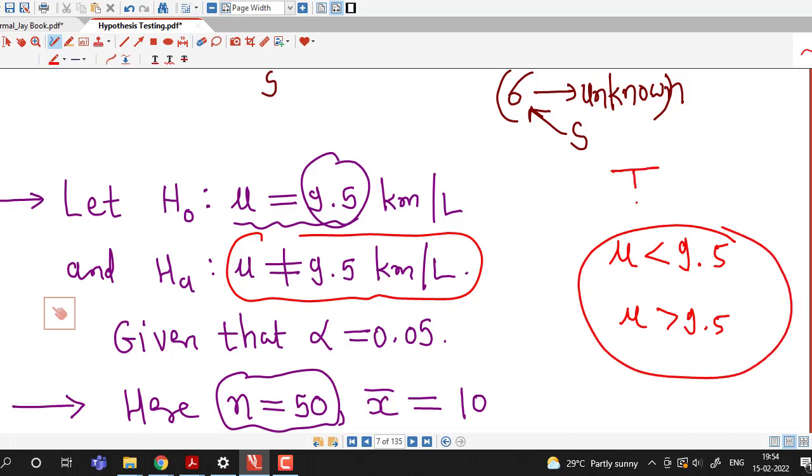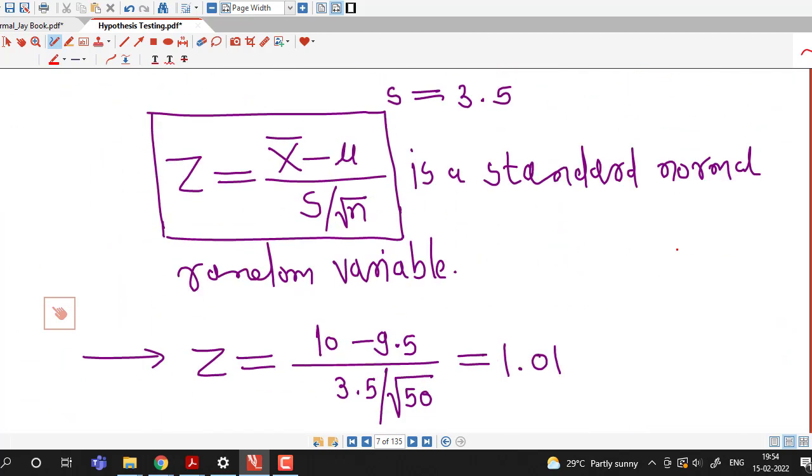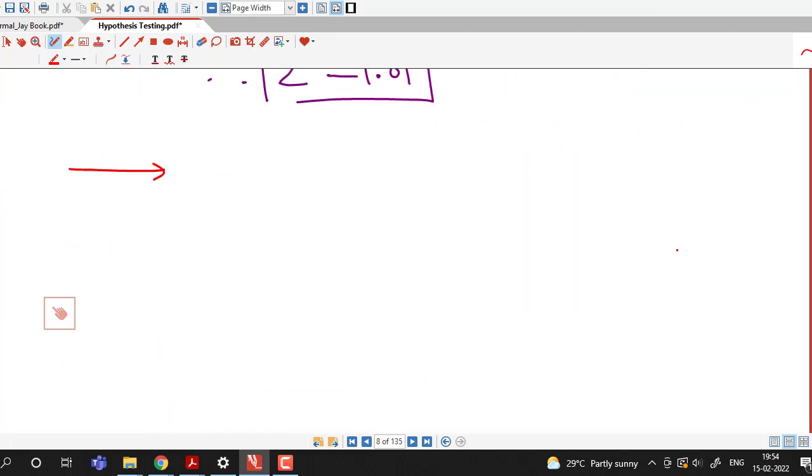So we have a two-tailed hypothesis test here. If we have not equal to sign in the alternative hypothesis, then we can say that we have a two-tailed test, and in that case our rejection region will be divided into two different regions having same area.